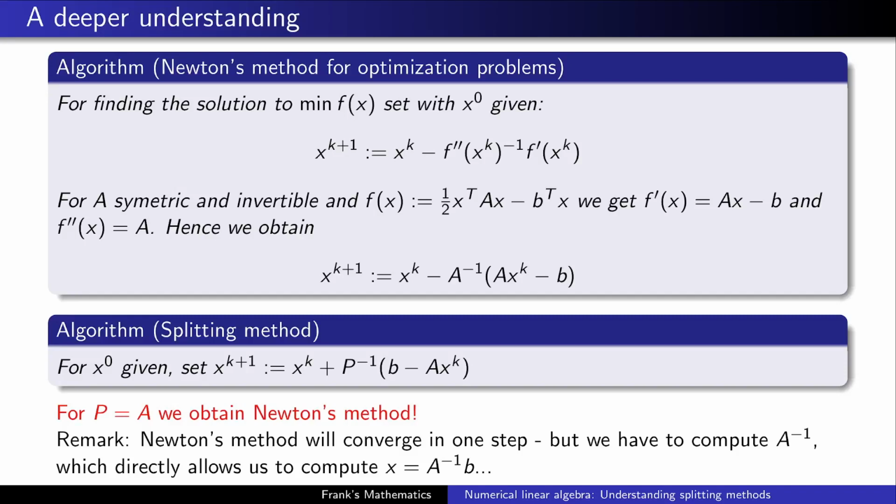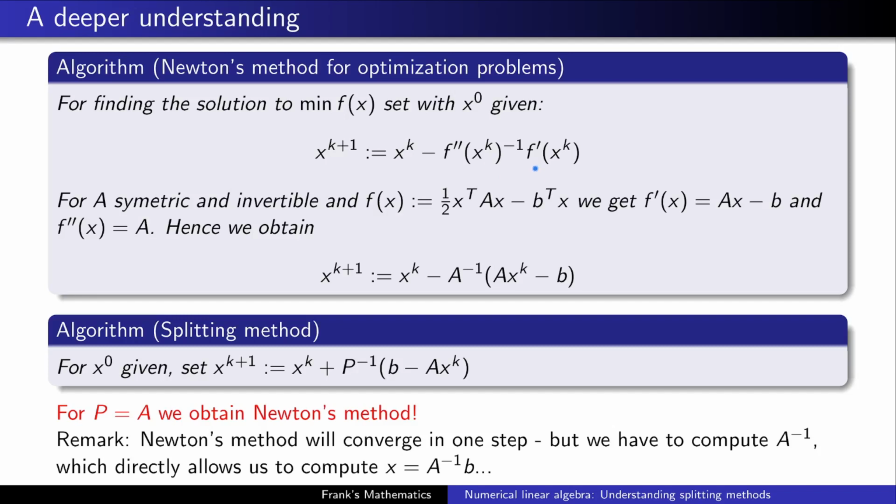Before we move on with the splitting methods, let's quickly take a look at Newton's method for optimization problems. So we want to find the solution to minimizing f of x. To do so, we start with x0 given and compute the next iterate x_{k+1} to be x_k minus the inverse of the second derivative of f applied at x_k times f prime evaluated at x_k.